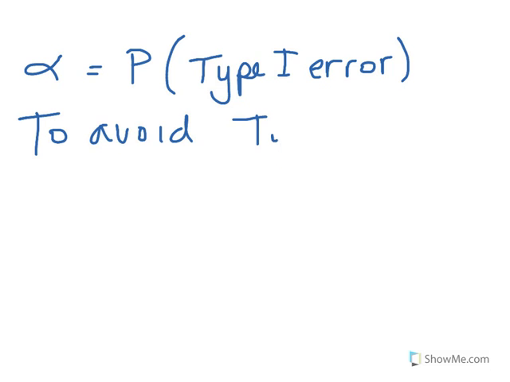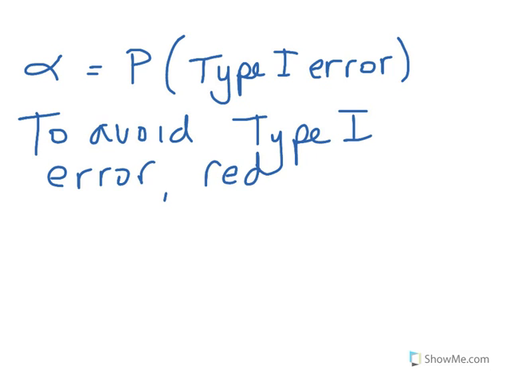So if I reduce alpha, that makes it harder for me to reject the null hypothesis. I only do that when I have very strong evidence. And that's a reasonable thing for me to do.